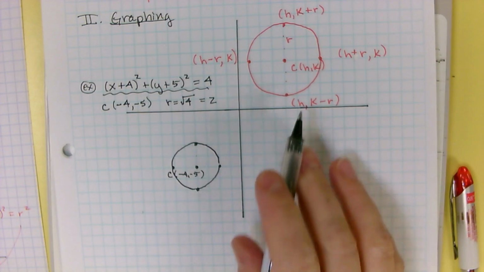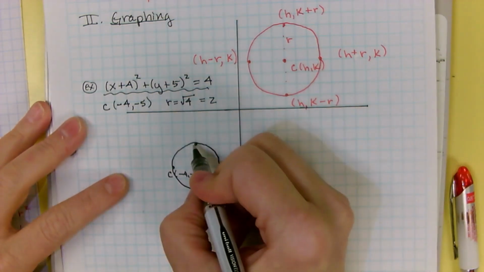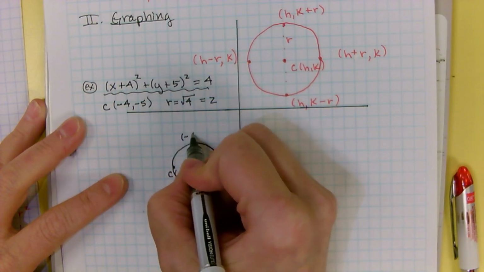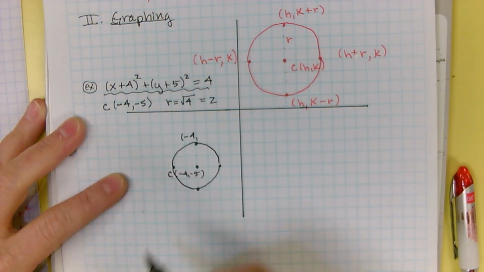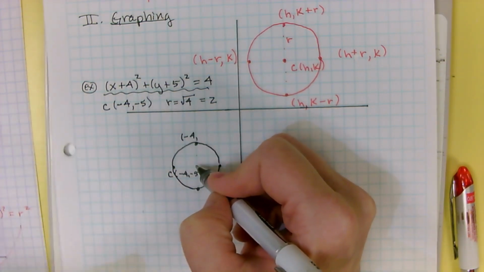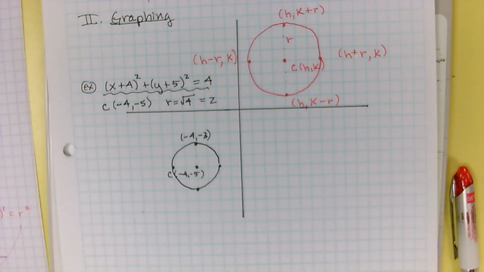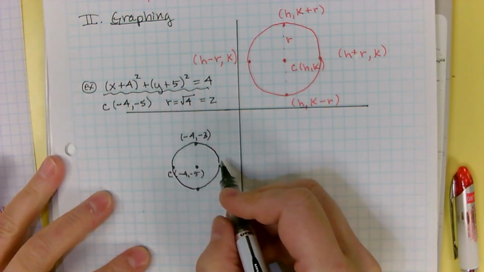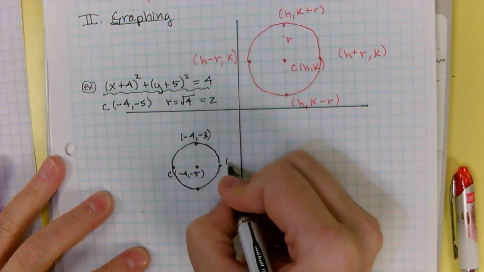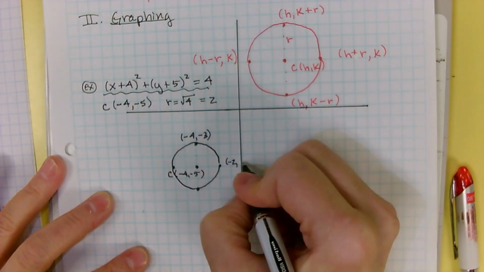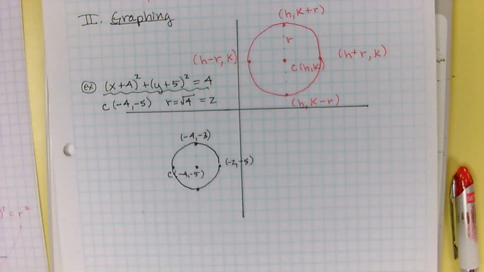Okay, this is where this formula kind of helps your brain a little bit. To find the top point, we go to the left 4, so -4. We went down to -5, but then we went up 2. -5 plus 2 is -3, so (-4, -3). Let's go clockwise. The right-hand point is -2 to the left, and then it's down the same number as the center, so (-2, -5).